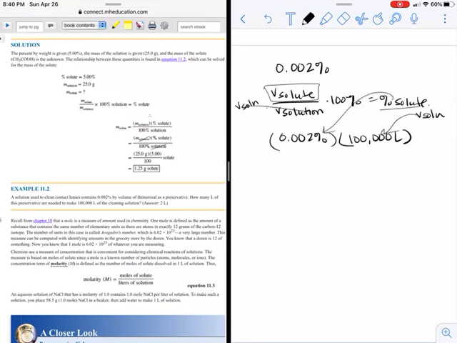This is the percent, this is the solution, divided by 100%. That's this number right here. I'm trying to get this all by itself. So if you take 0.002 times 100,000 divided by 100, you get 2. And your percentages cancel, and you're left with liters. So that's your answer there.